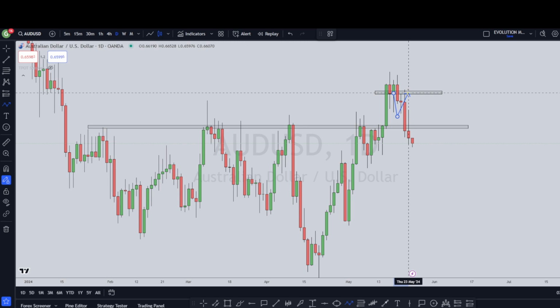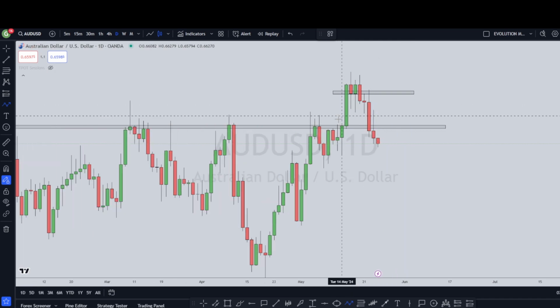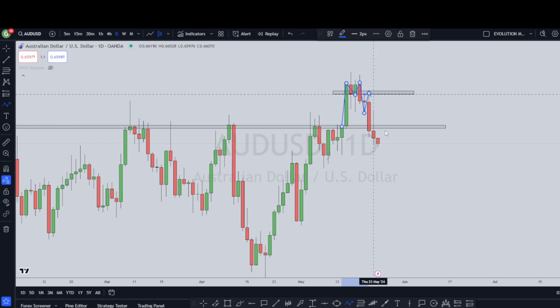When support is broken, it becomes resistance. And so we had anticipated it coming to retest this area before a further drop to the downside. And if you remember, we had said price was forming what looked like an M formation when price was around this area, and we said we expected price to retrace back to retest this neckline to complete the M formation before potential further moves to the downside.